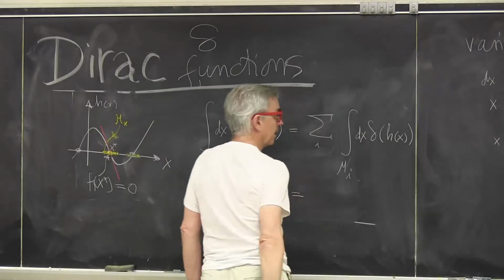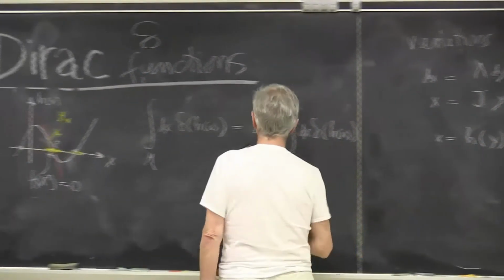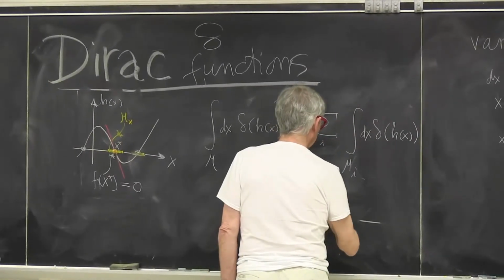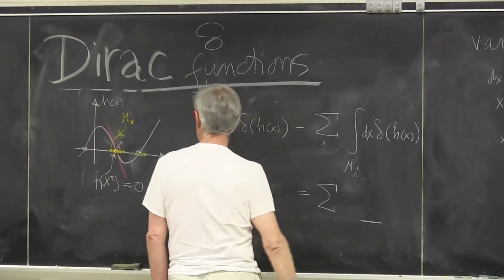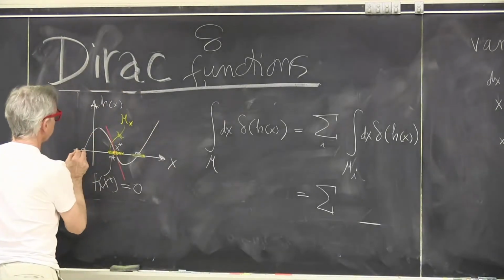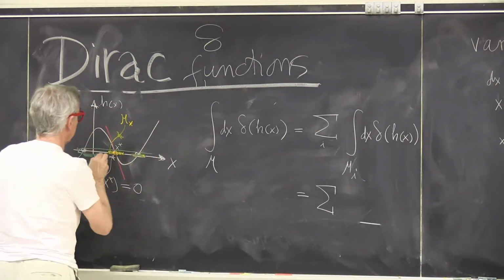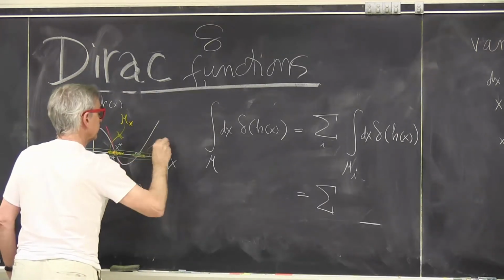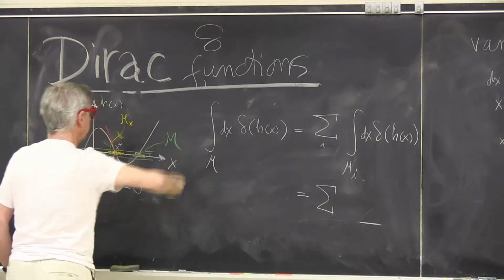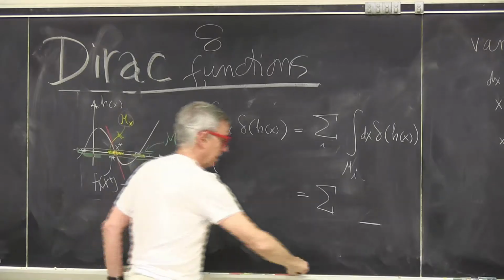So that just becomes, using that rule, a sum over all zeros of this function on the interval M. This is my finite interval where I'm evaluating everything, and this is a neighborhood of each small guy.